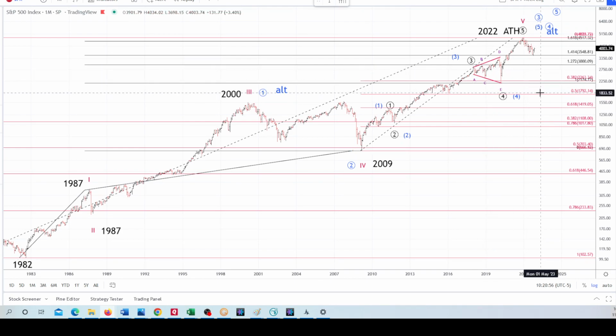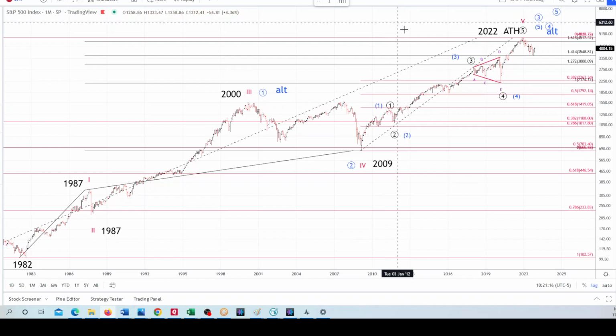Further corrections are the 50% at 1792 and the 618 at 1419. So we're looking at a correction of a minimum of this move up for 13 years or this move up for basically 40 years.